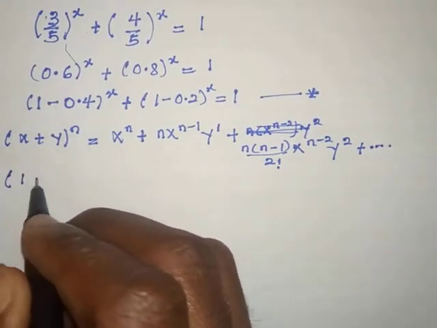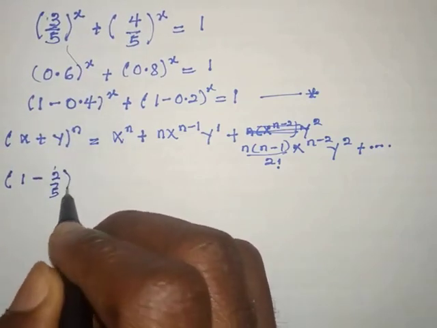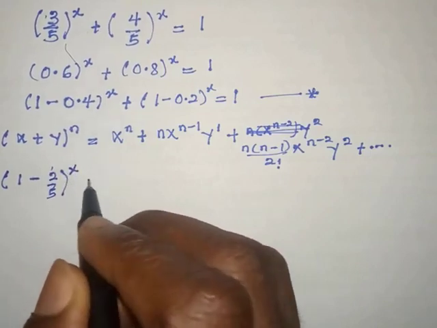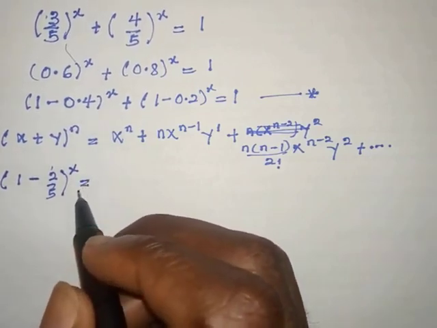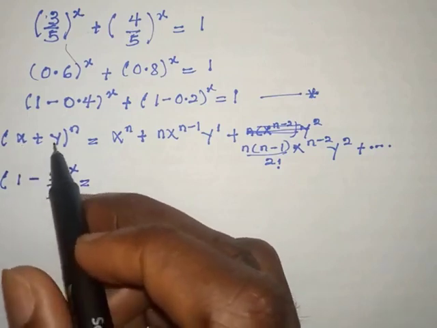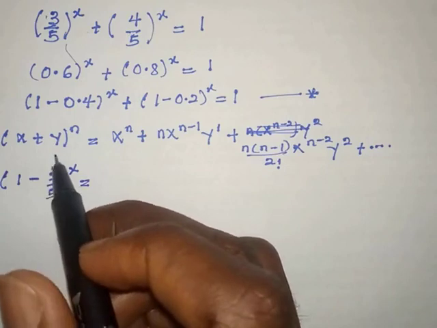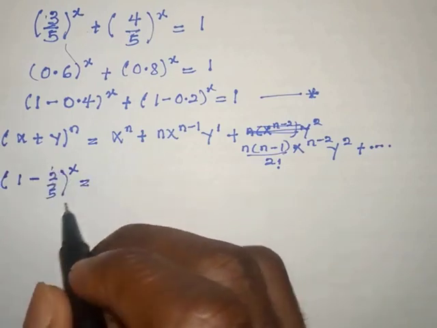So here we have (1 - 2/5), which is the same thing as 0.4, everything raised to the power x. Which means that x here is 1 and 0.4, which is 2 over 5, is my y.